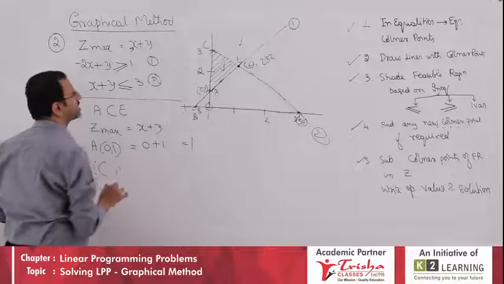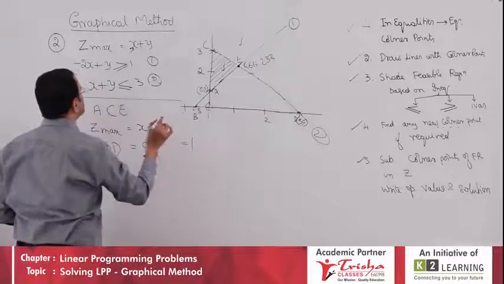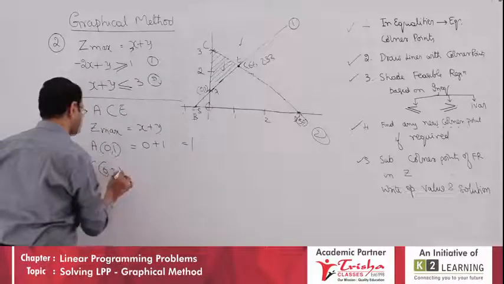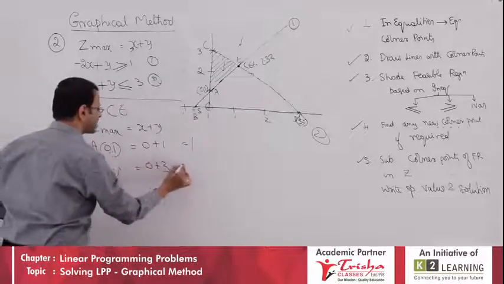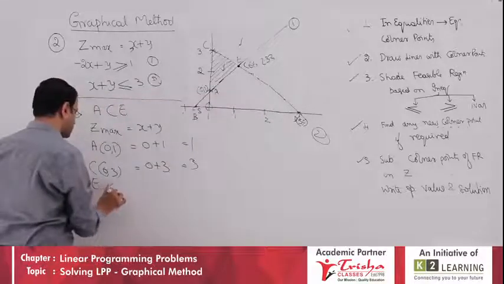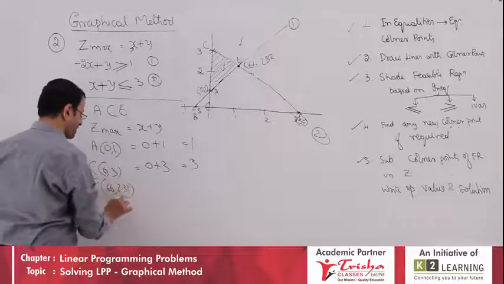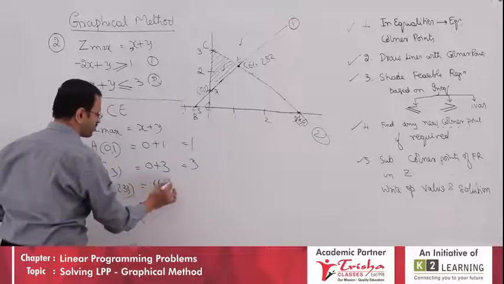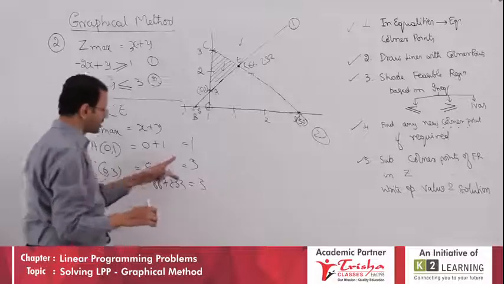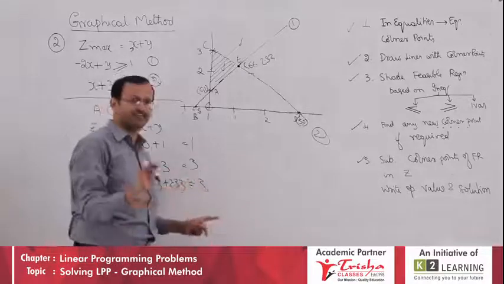C, what is the point C we have? C is 0, 3: x is 0, y is 3, 0 plus 3 is 3. What about point E? 0.666 plus 2.333, answer 3. Since here two answers are coming equal, but in all cases it need not be.